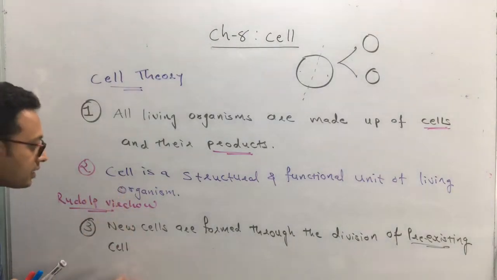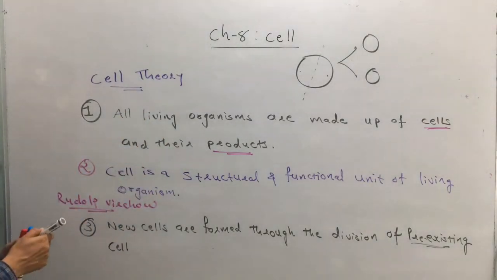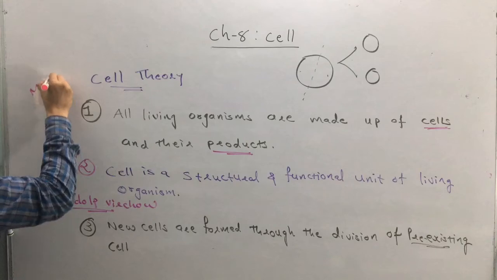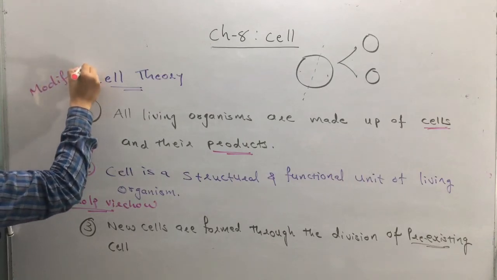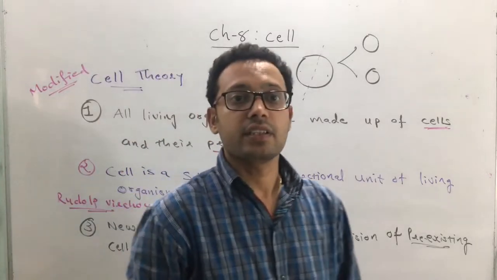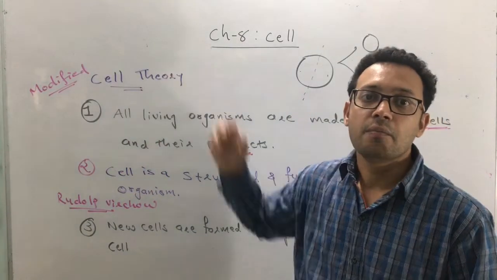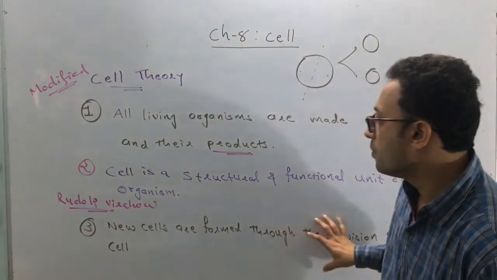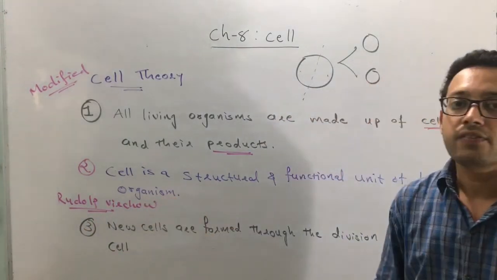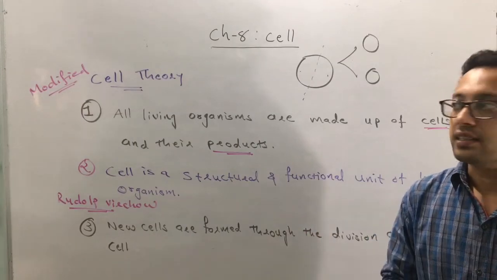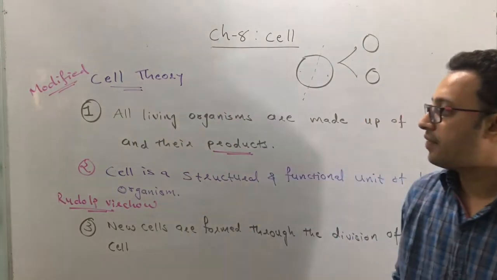Now this third point is added into the cell theory, and the cell theory becomes the modified cell theory. When this third point, which was proposed by Rudolf Virchow, is added to the cell theory, it becomes the modified cell theory.